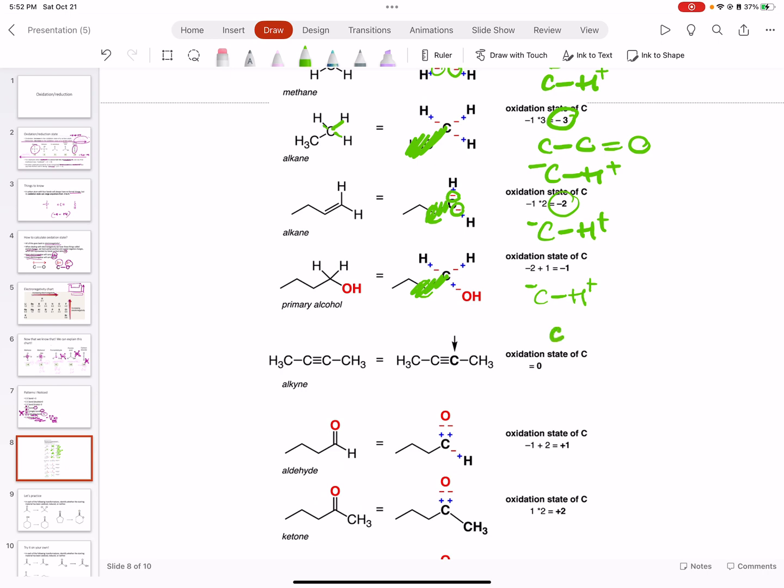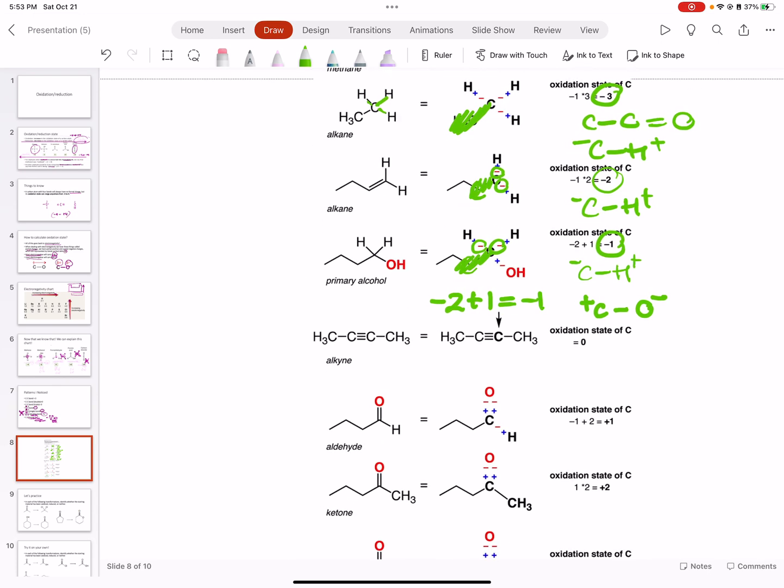And then we have our carbon-oxygen relationship, in which oxygen is more electronegative, therefore it's gonna carry that negative charge, and carbon is less electronegative, therefore it's gonna carry that positive charge. So then we have 2 carbon hydrogens, we have -2, and then we have 1 carbon-oxygen relationship, therefore it's gonna be +1, and that's why we have -1.